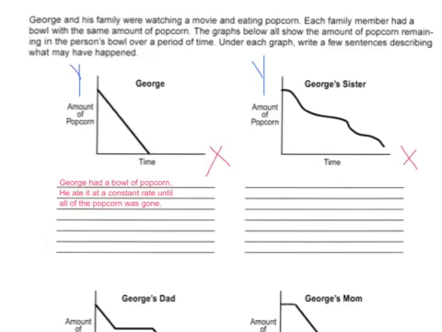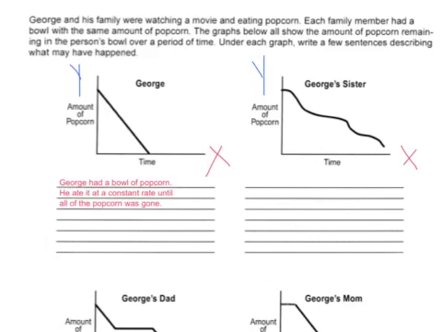George's was a straight line, that was a constant rate of change, or he was eating at the same pace. George's sister here, none of it's straight. It's a little bit curved all around, so she's eating at a different pace. She's eating kind of slow here, and then it speeds up, and slows down, and then speeds back up, slows down, speeds back up.